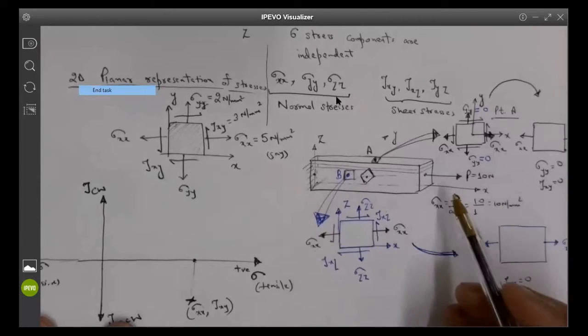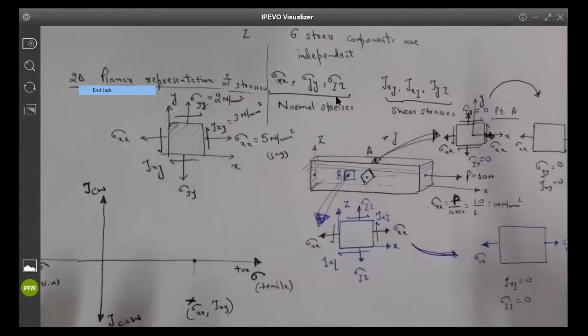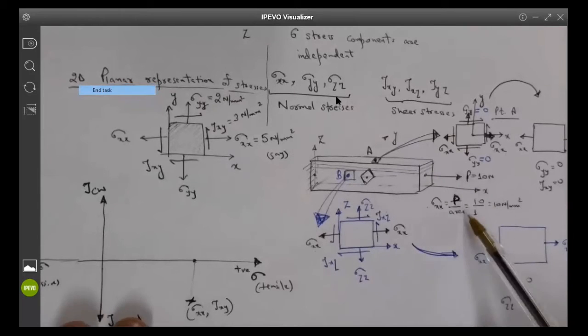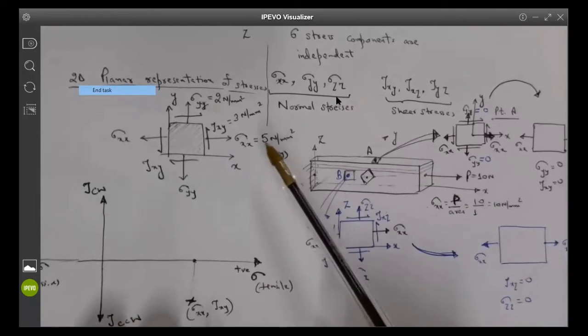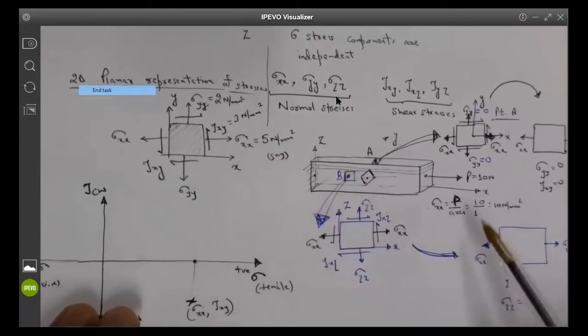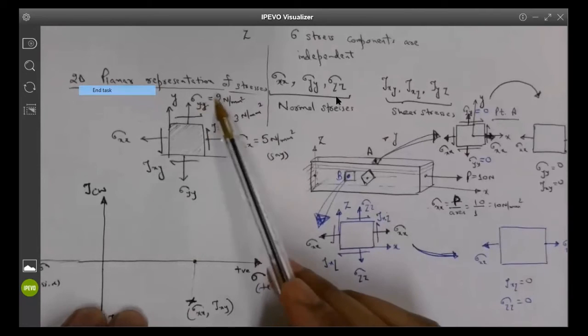Are you guys with me? Depending on the load and the specific geometry, you can calculate sigma xx, sigma yy, and tau xy. So let's say you have calculated that sigma xx is 5, tau xy is 3, sigma yy is 2.